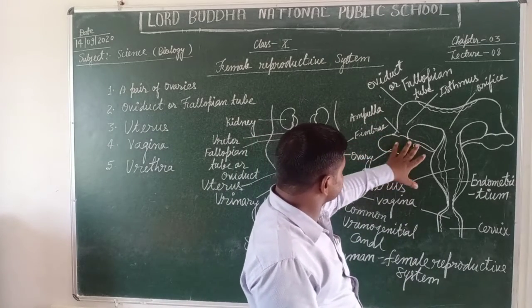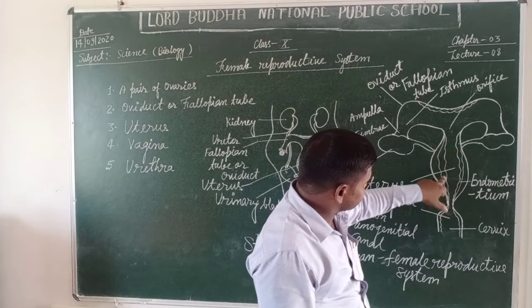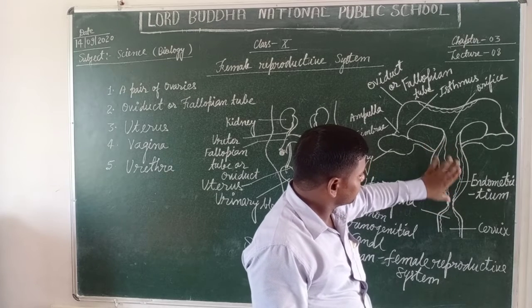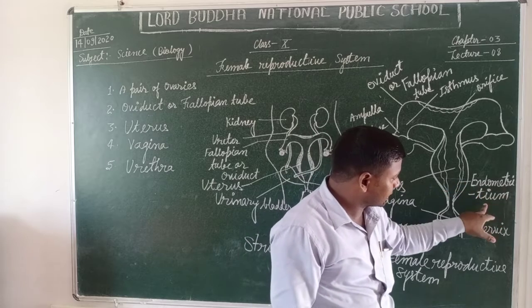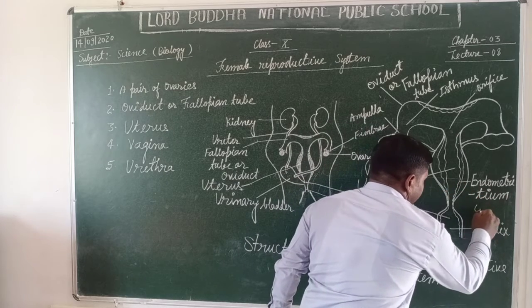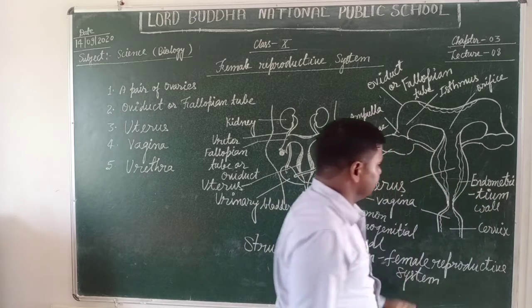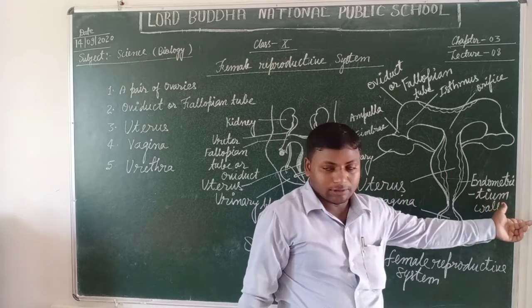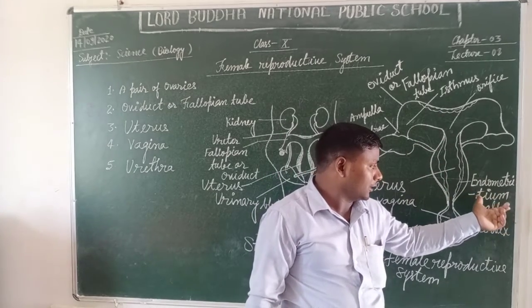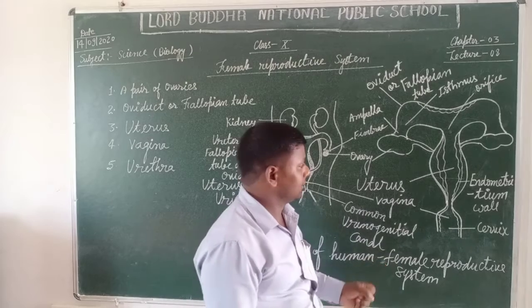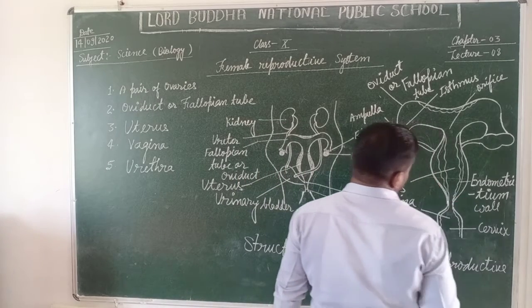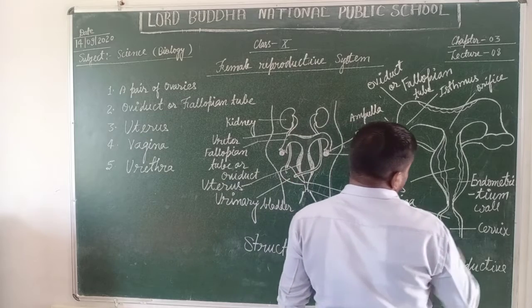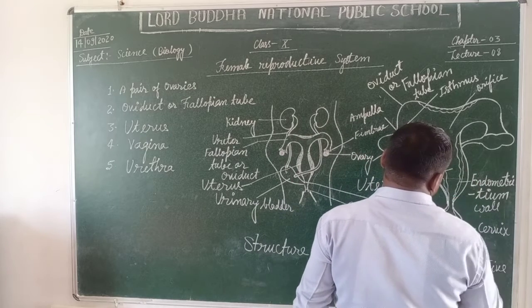Now students, this is the pear-shaped region whose inner wall is lined by endometrium. The inner uterus wall is called endometrium. It is somewhat fatty due to deposition of fat cells, the adipocyte cells.